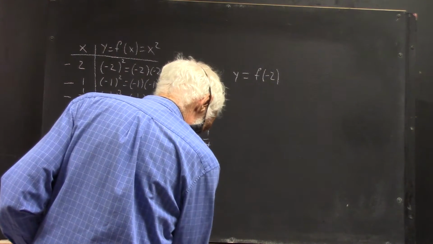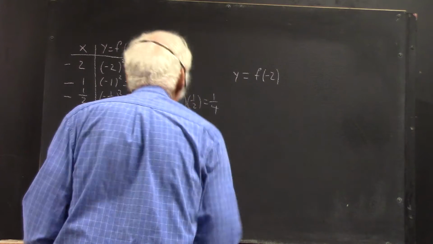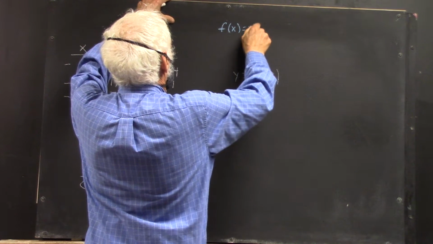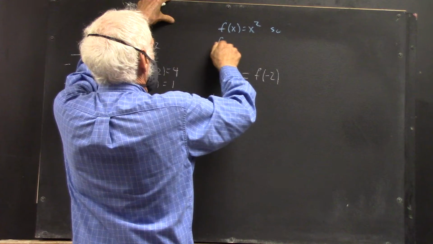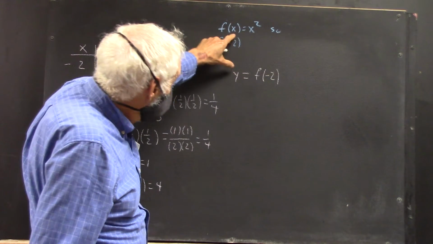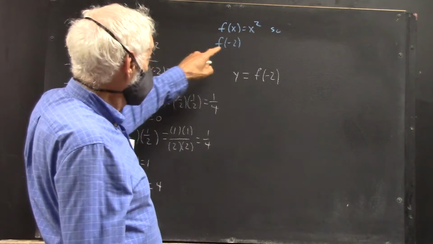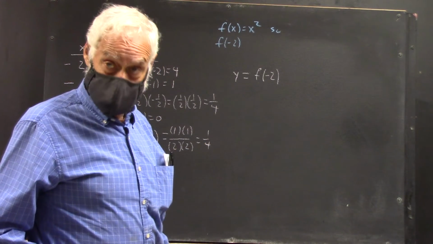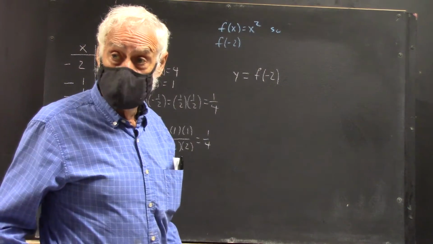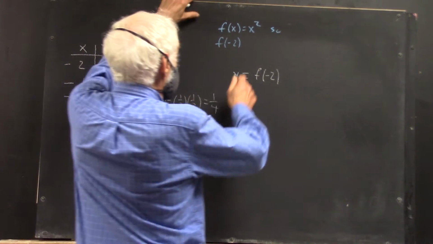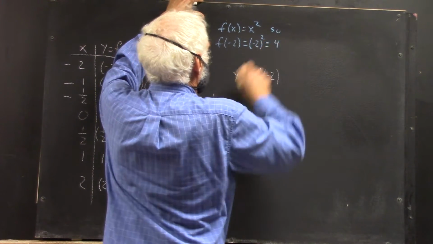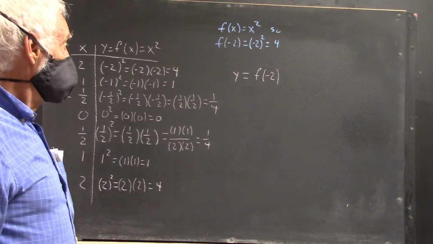So if I write f of -2, I've replaced this x with -2. I'm substituting -2 for x. Make sense? Well, if I substitute -2 for x, I've got to substitute it everywhere in this expression. This is very important. So we have this. Okay?